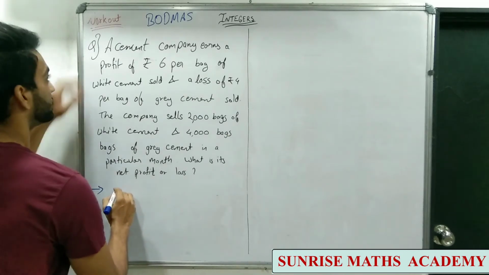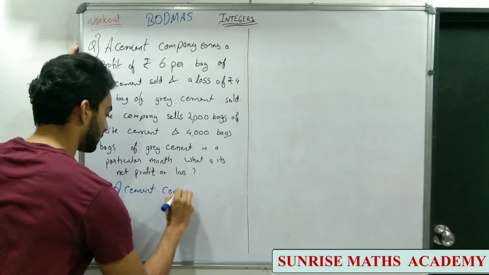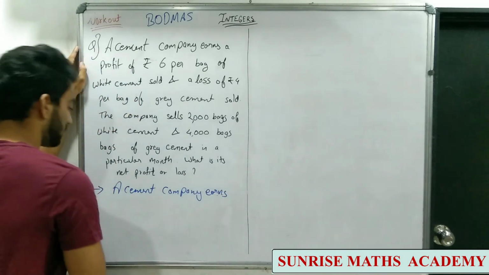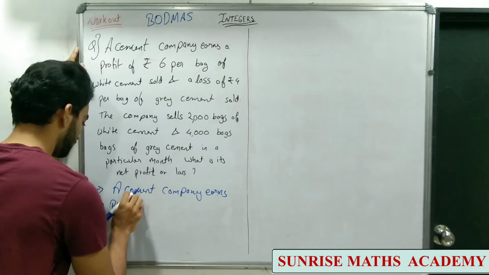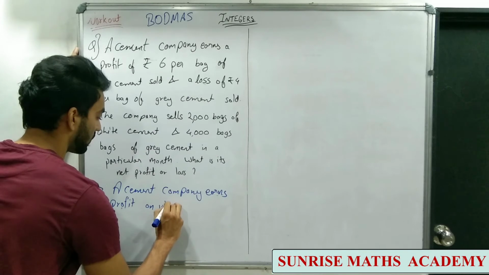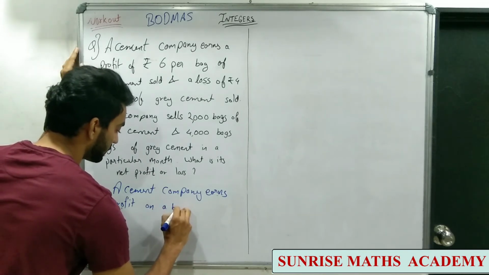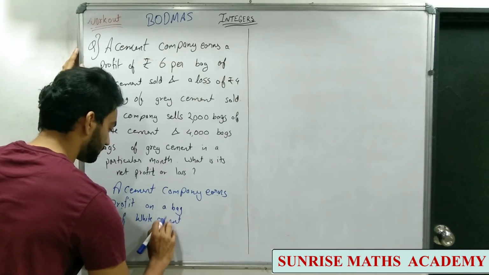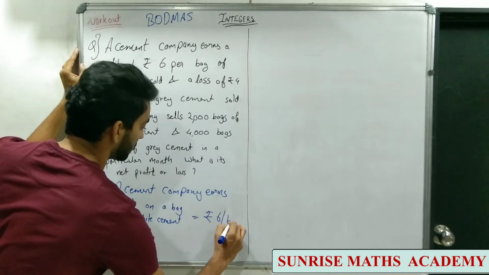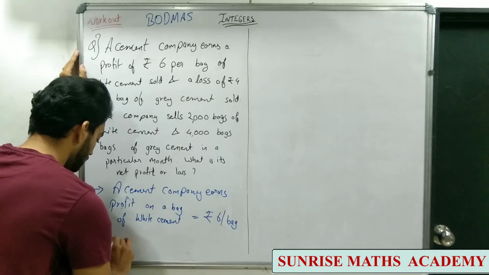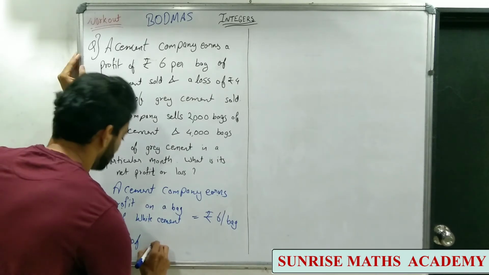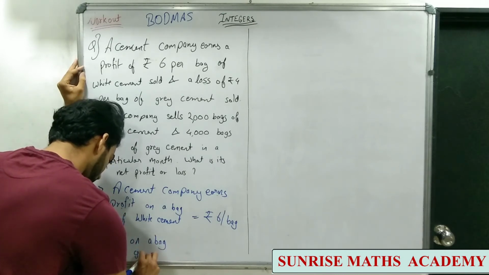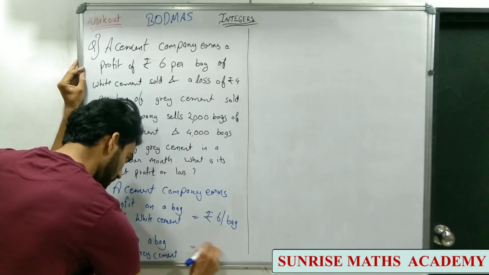First, the given statements. The cement company earns profit on a bag of white cement, rupees 6 per bag, and loss of grey cement, rupees 4 per bag.